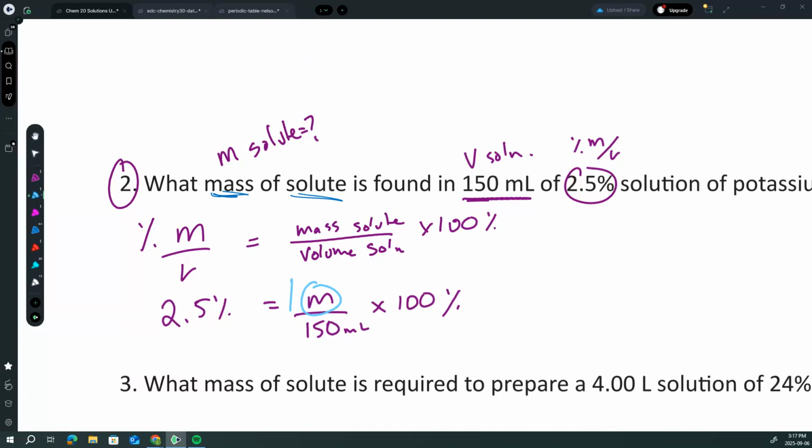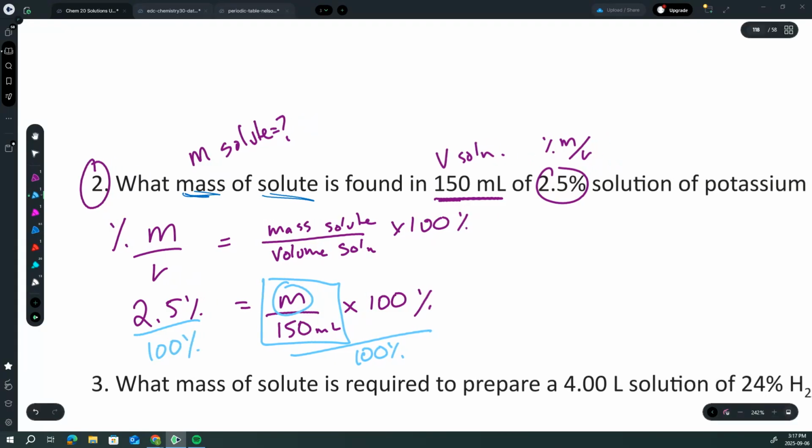What I mean by that is first I'm going to aim to isolate this mass divided by 150. So I'm asking myself, what does the 100% do to this fraction? Well, it's multiplying, so I have to divide by 100%. So the percentages are going to cancel out.